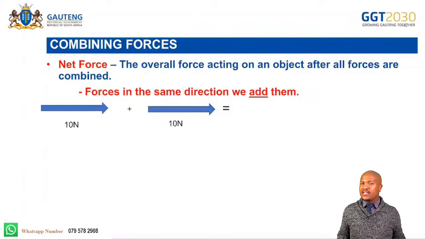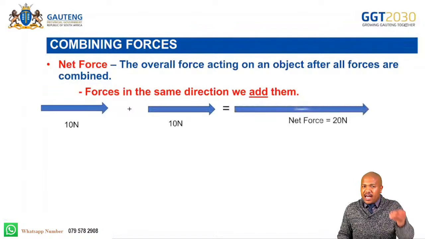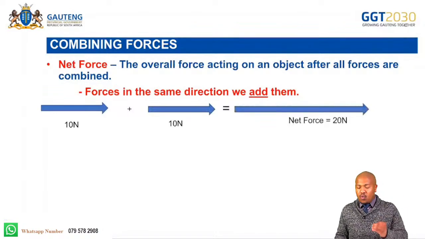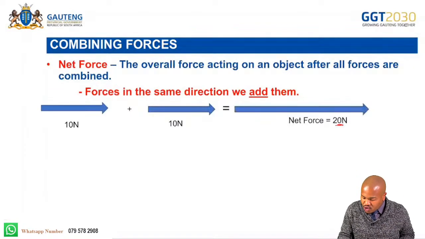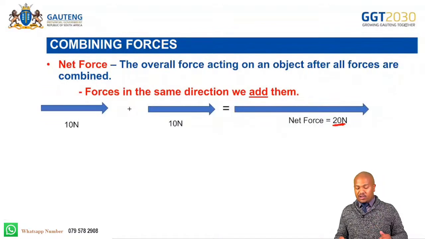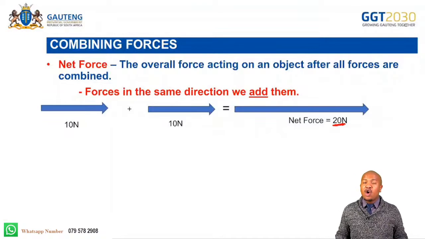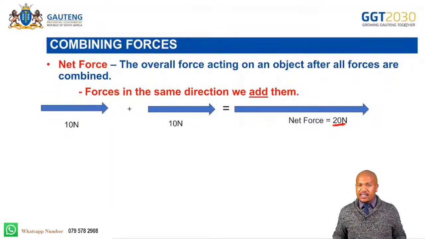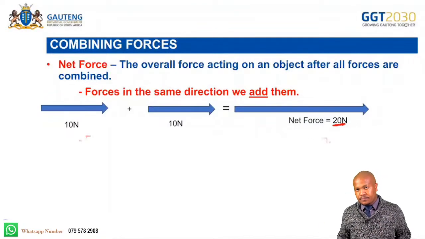So we add them together: 10 plus 10 newtons equals 20 newtons of force, or 20 newtons net force going to the right-hand side. That is our resultant force.